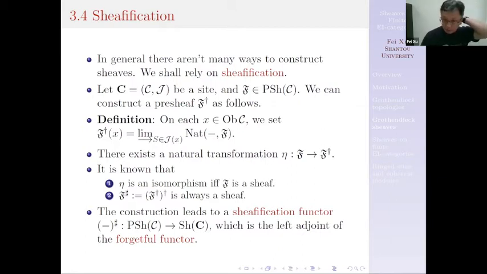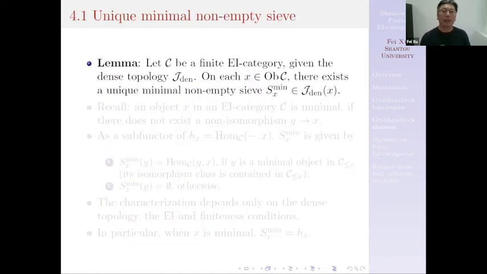As everyone knows, in general, a direct limit is not so easy to compute, but in this case, we realize that there's always a minimal sieve in this poset. That simplifies everything. So the next step is to write down this minimal object.